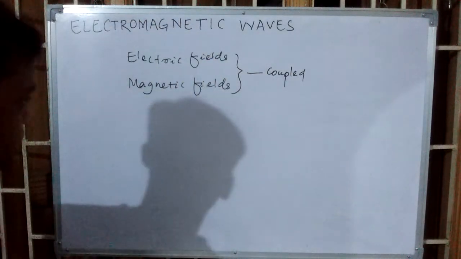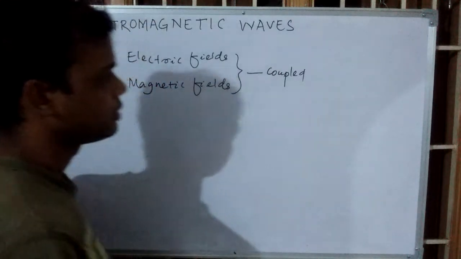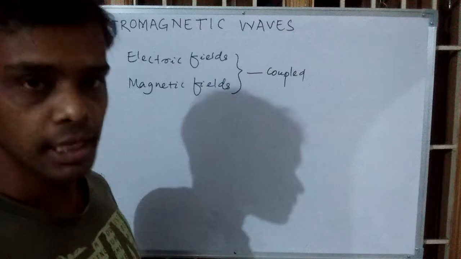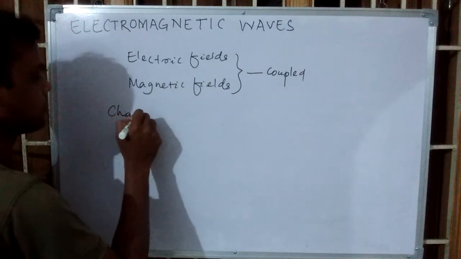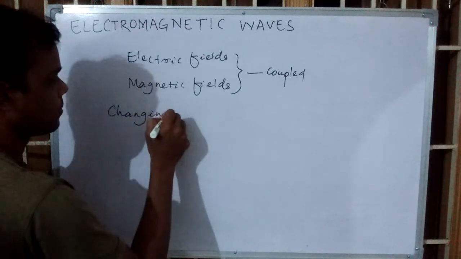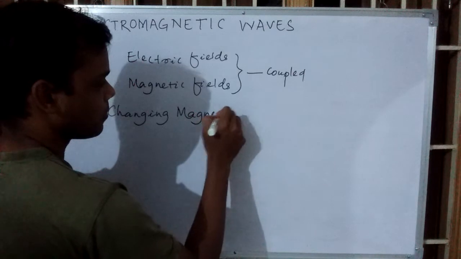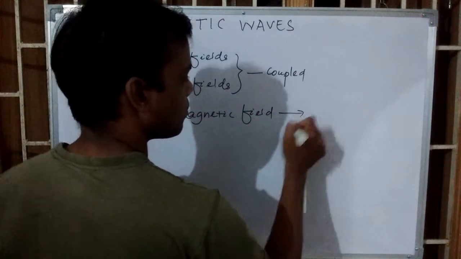How is this possible? We already know that a changing magnetic field can produce an electric field. Changing magnetic field produces what?